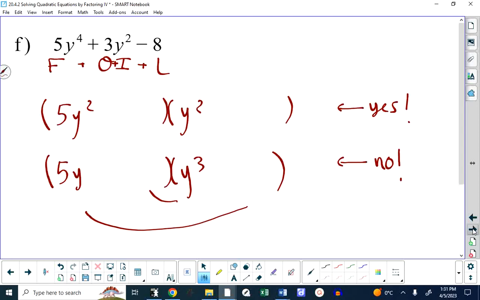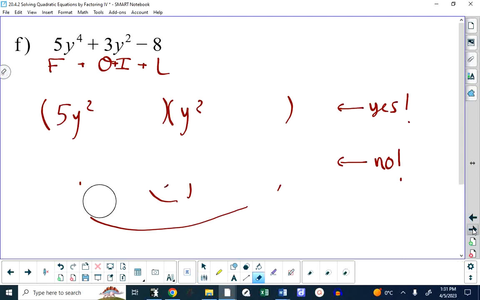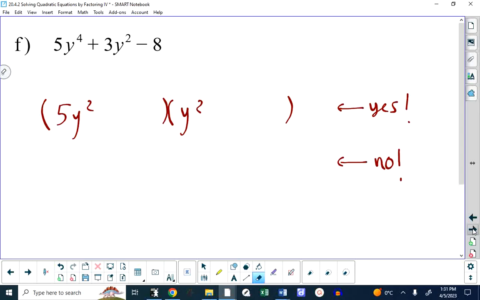And that's why you have to split that first term in terms of variables down the middle. If it's degree 6, you have to have cubed and cubed. If it's degree 4, you have to have squared and squared. This is trial and error, right? Because the first term is not 1 times something.